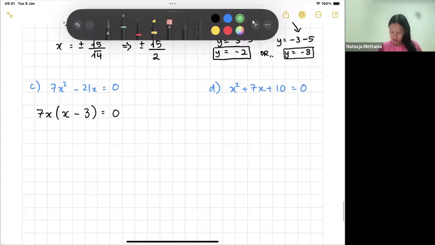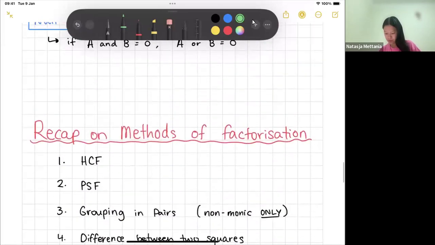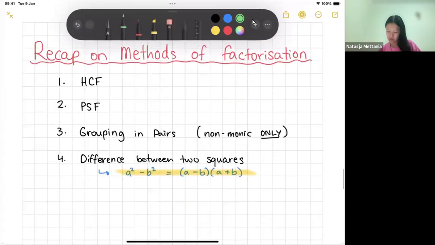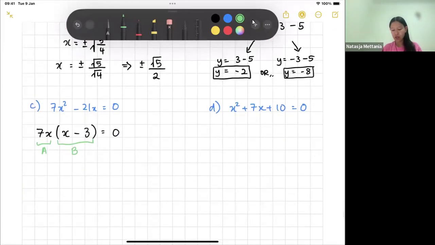Pretend this part here is A, this is B. Remember from our null factor at the top here? A and B, okay? So 7x is my A, 7x needs to equal 0, following my null factor theory.